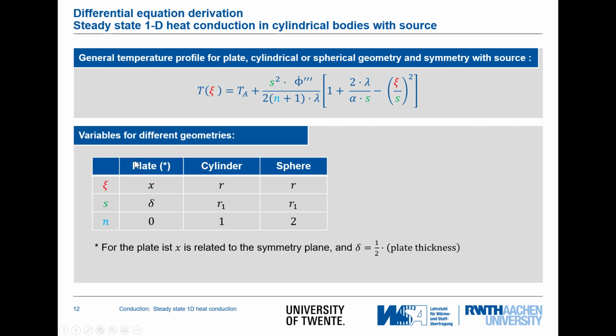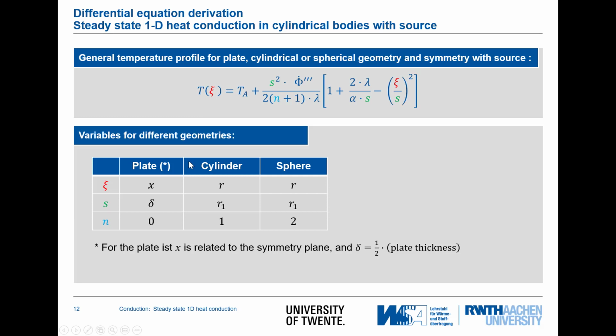So for instance, for the plate, our coordinate is the x coordinate and the parameter s is delta and n is 0. And if we replace now s, n and the parameter zeta, we can obtain the equation for the plate. Note that the plate distance here, delta, is 1/2 of the plate thickness.